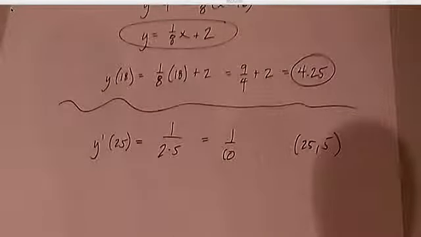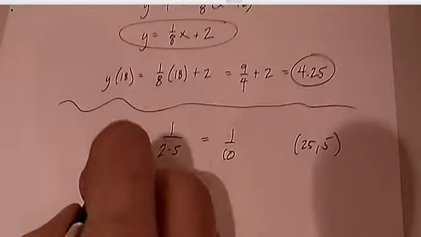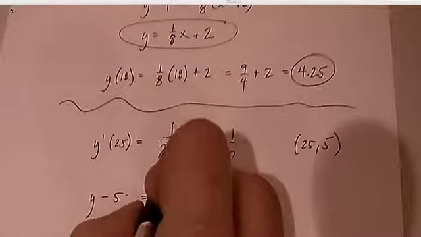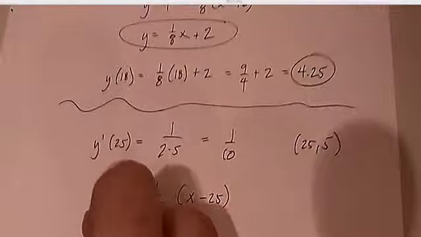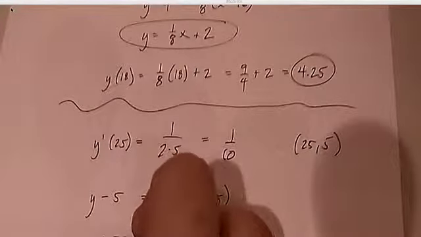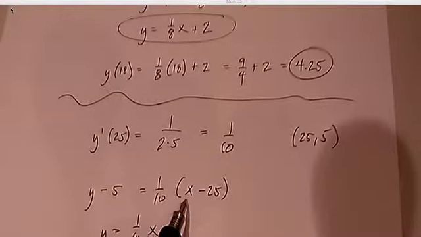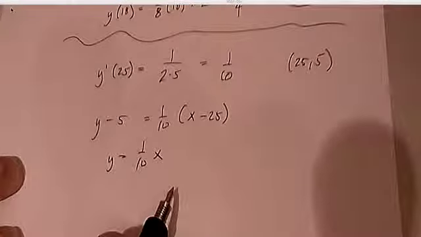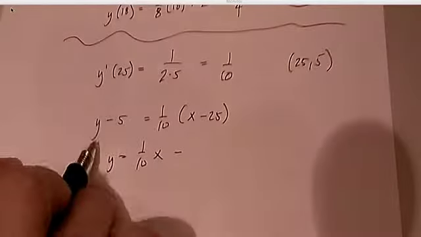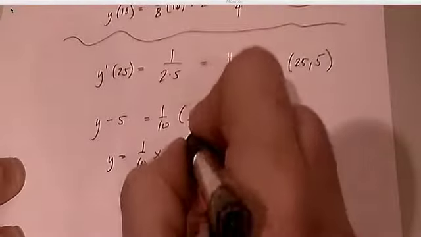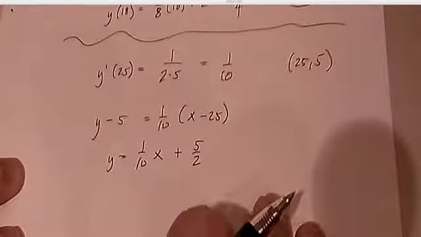Farther away from 18. So I get y minus 5 is equal to 1/10 x minus 25. Now when I distribute the 1/10, that's going to give me 25 over 10. That's going to be 5 halves, and if I'm going to subtract 5 halves and then add 5 to both sides, it's going to be plus 5 halves.